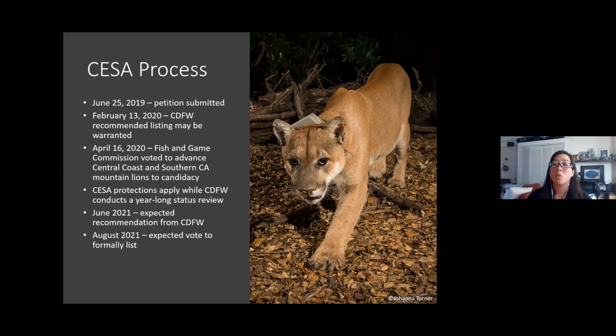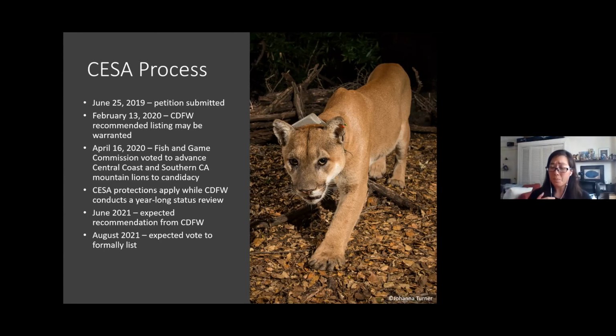And that went to a California Fish and Game Commission vote, which happened in April, and they voted to advance these lions to candidacy. And what that means is that they kick off a year-long status review that CDFW will do. And during that status review, CESA protections will apply.